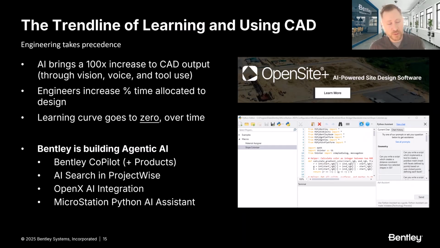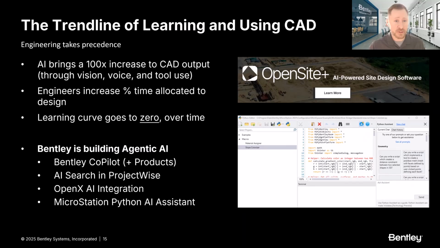The reason why we should relentlessly pursue this in our industry is because of what it does for our workforce. It allows you to focus a much higher percent of your time actually thinking about the design of your project. Ultimately, what we should all be hoping for is CAD software that has no learning curve.